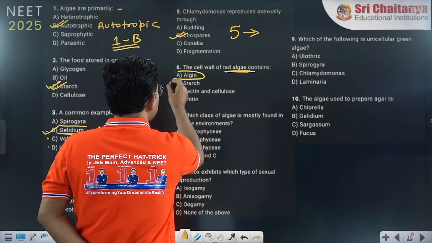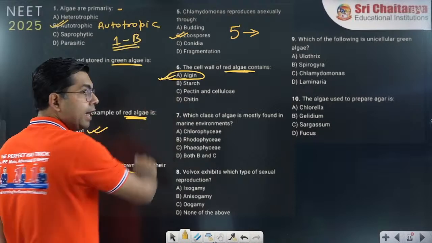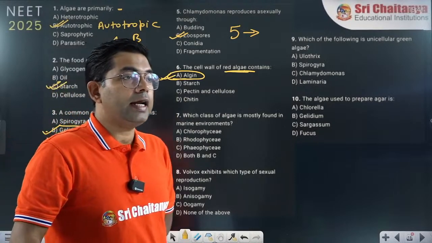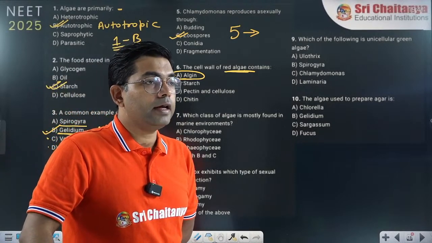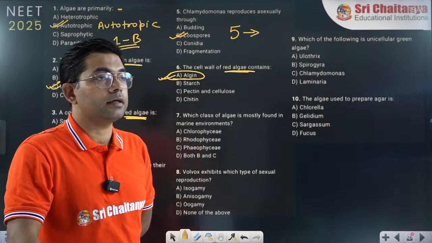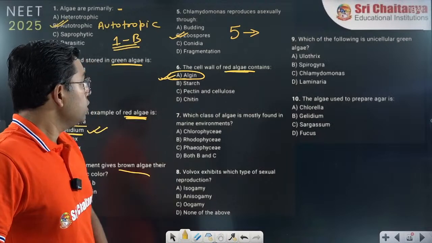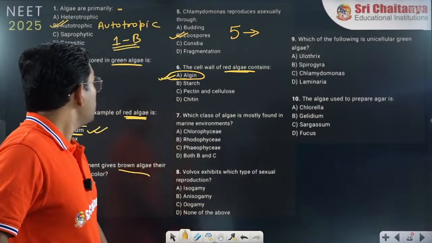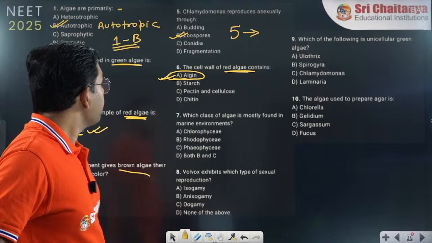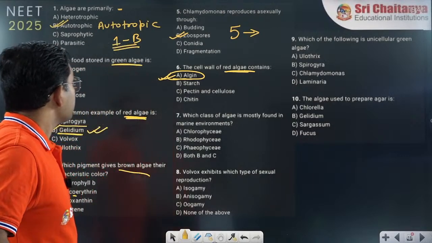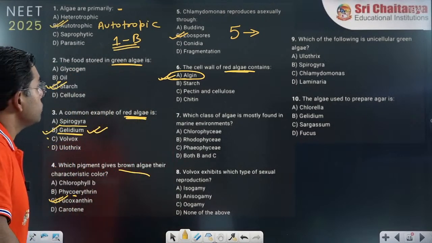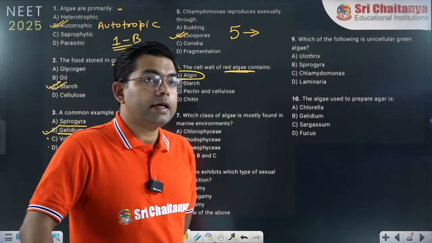Red algae contain algin. 6A. 6A is the right answer. Very good. Mallikarjun, check 6. What have you given? So here, the cell wall of red algae contains.